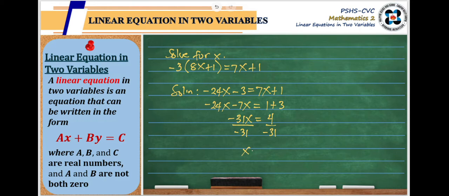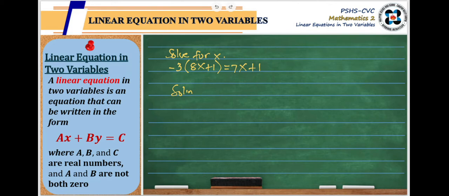So here, we will get x is equal to negative 4 over 31. And we call this value the solution of the given linear equation in one variable.